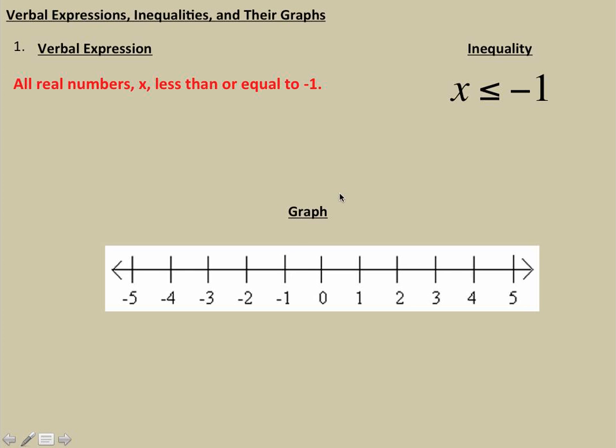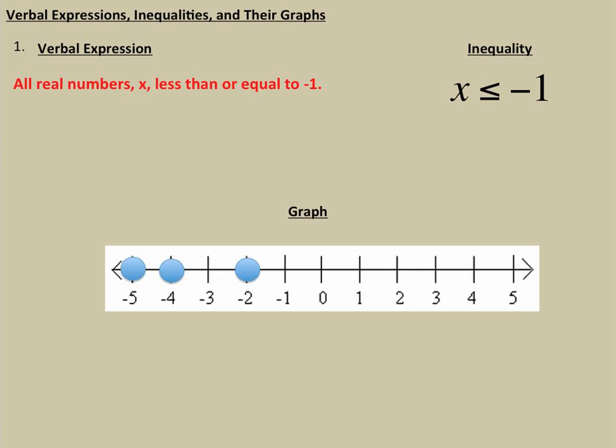When I look at the picture, all the numbers that are smaller than, or equal to, -1. So it has an equal sign. It could be equal to -1. It could also be smaller than -1, like -2 is smaller than -1. -4 is also smaller than -1. So these points work.